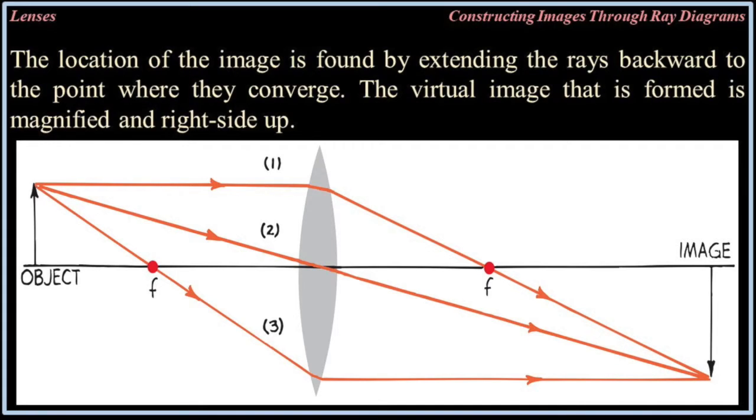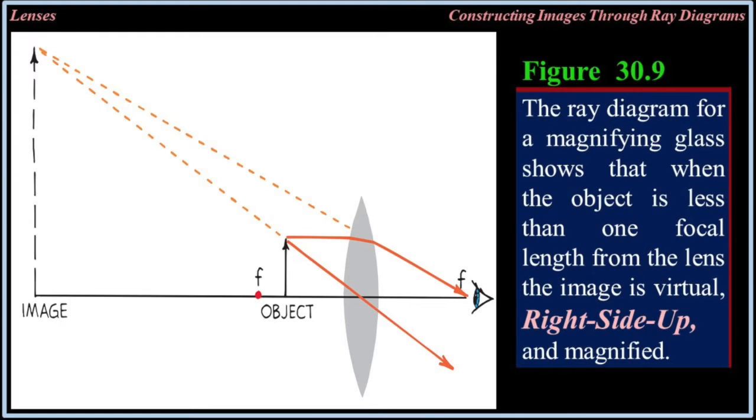The ray diagram for a converging lens used as a magnifying glass is shown in figure 30.9. In this case, where the distance from the lens to the object is less than the focal length, the rays diverge as they leave the lens. The rays of light appear to come from a point in front of the lens, same side of the lens as the object. 30.9.